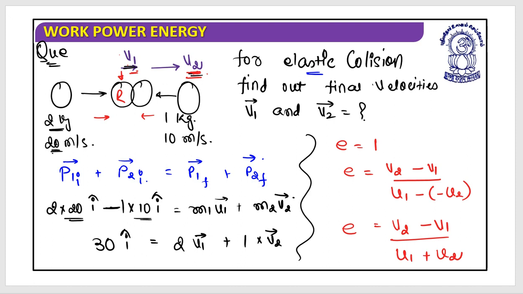When they have said that it is an elastic collision, you can always consider first that momentum is going to be conserved everywhere, and second, go with the coefficient of restitution. You would have two relations and two unknowns, so with the help of two relations, you can solve for the two unknowns.